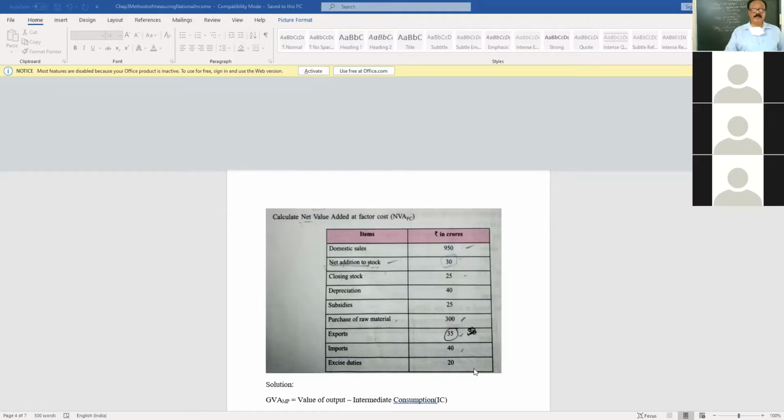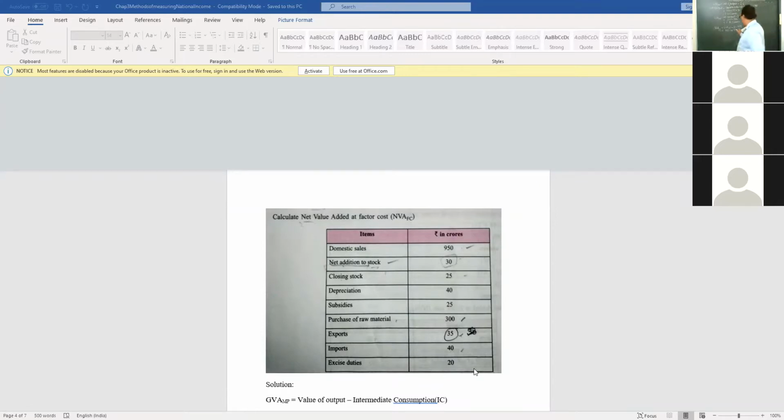IT is excise duties, because if you look into your notes, I had given you a definition of indirect taxes. Indirect taxes are the taxes levied by the government on the production of goods and services. Examples I had given you: excise duty, sales tax, custom duties. Now, IT here is not directly given in the question. Excise duties is given, so here excise duties is a part of IT.